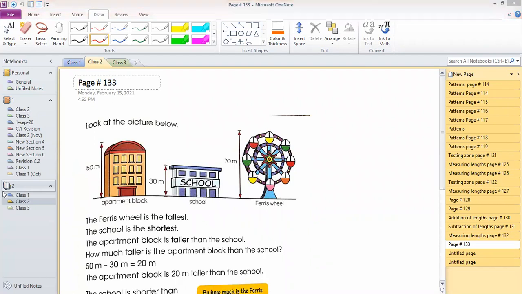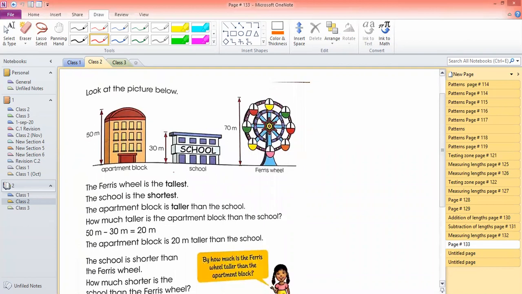You know how you have to compare the length of different objects. So look at the picture below, guys. In this picture, you can see apartment block. This is apartment block. This is a school, and this is Ferris wheel.